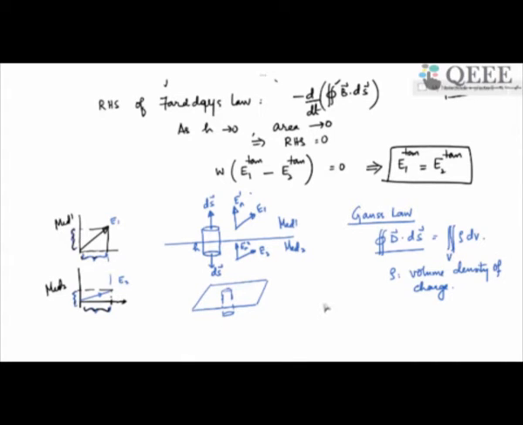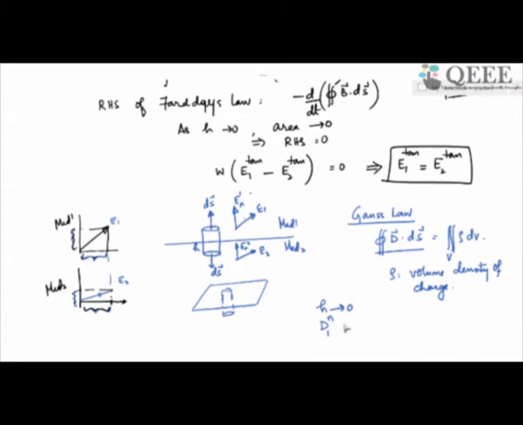I am going to apply Gauss law in the limit that h tends to 0, which means that the surface is reducing to 0. Then D dot dS would simply mean the D normal component. D dot dS is the component of D along dS, and dS is the outward normal, so that is the normal component of D.